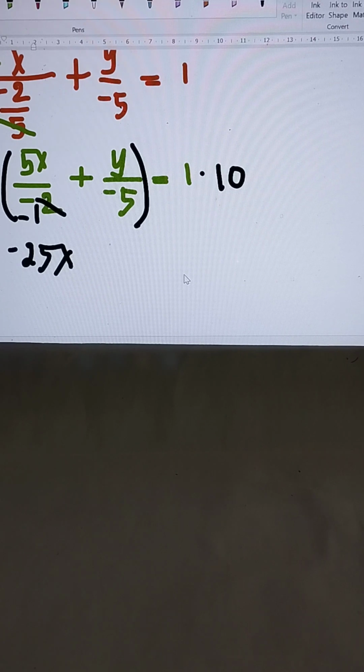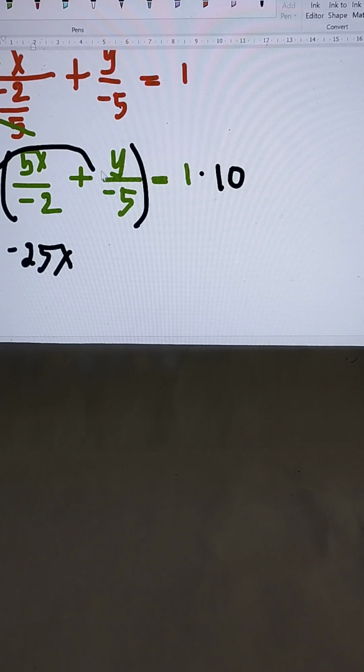The other one is if you distribute the 10 with this, you will cancel the negative 5. Then 10 divided by negative 5 is simply negative 2.